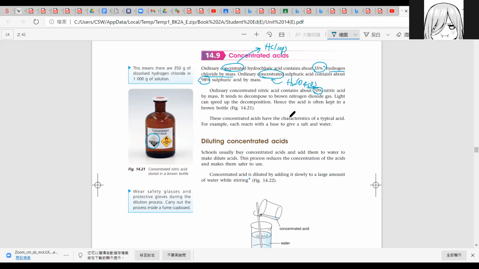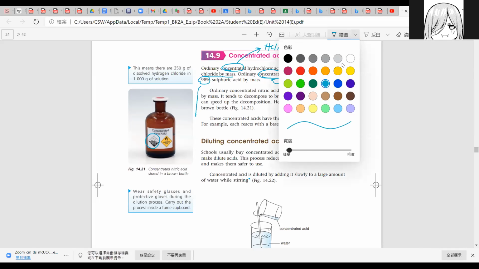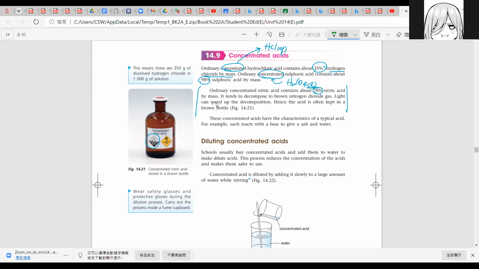Among the three, I would like to draw attention to concentrated nitric acid. This is the concentrated acid which should be stored inside a brown bottle. So underline the term brown bottle. Whenever you see a chemical stored in a brown bottle, it means that it's afraid of sunlight.